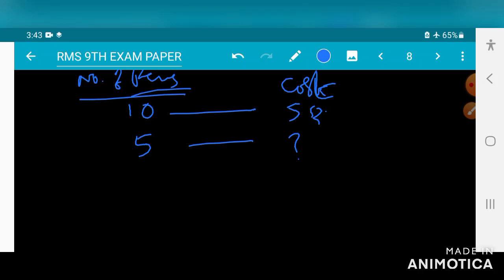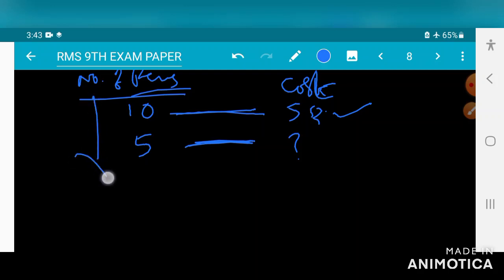See, now here the quantity of pence is 10 and rupees is 5. Now the quantity is decreasing. Instead of 10 pence, we have to find 5 pence. If 10 pence cost is 5 rupees, then 5 pence cost is to be decreased.